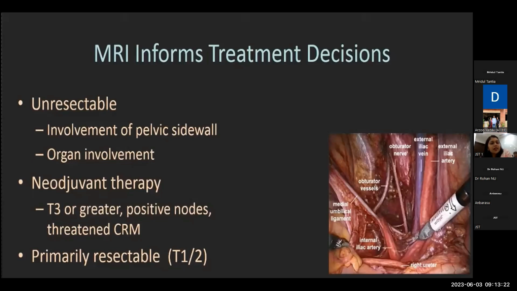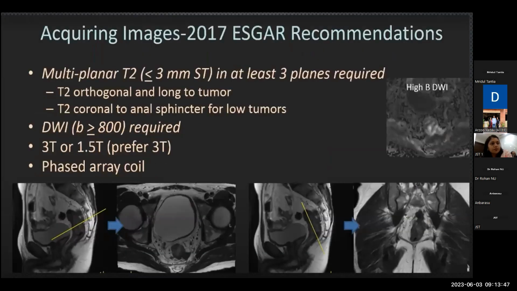The unresectable things we can clearly see on MRI, the involvement of the pelvic side wall or organ involvement. This makes the tumor unresectable. For neoadjuvant therapy, if we have a T3 stage or greater with positive nodes and threatened CRM, we'll be talking about all this in detail. And primary resectable, where the tumor's resectability is there, is the T1 or the T2 stage.